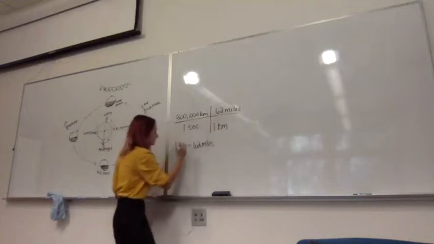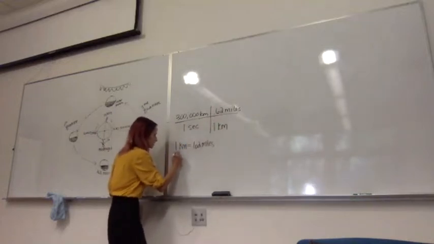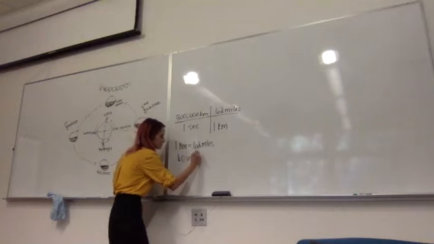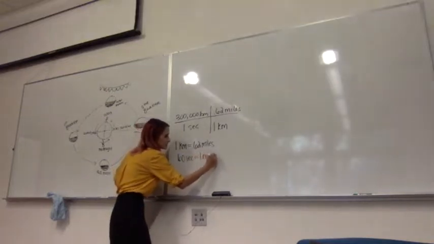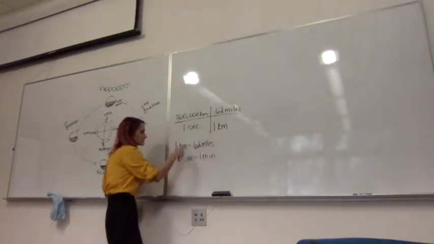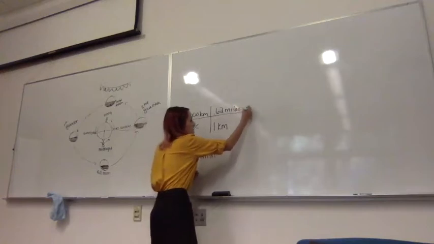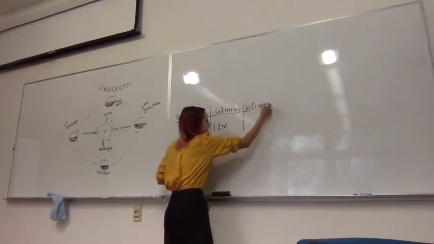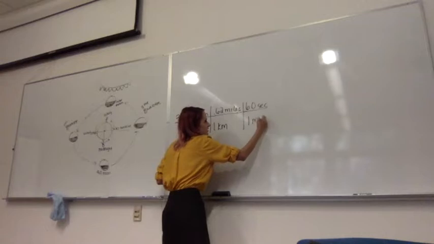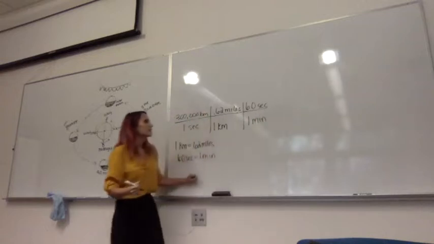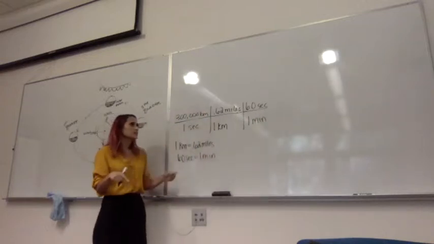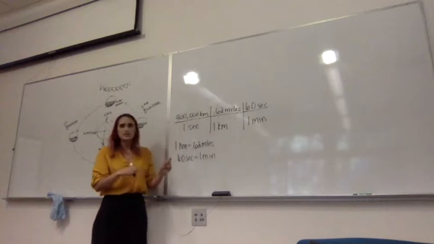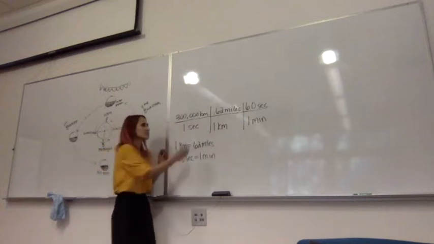And then we have 60 seconds is 1 minute. So now we have seconds on the bottom, and we're going to put them on top over here: 60 seconds, and 1 minute on the bottom. And now for units, you can cross them out, like if one's on top and one's on bottom, just like you would do for cross multiplication.